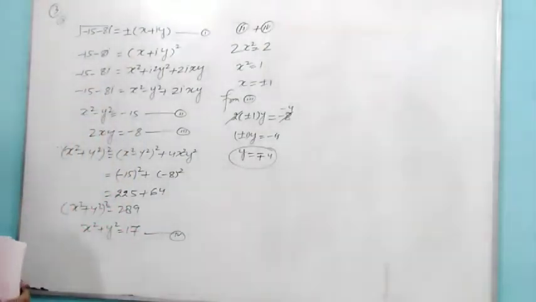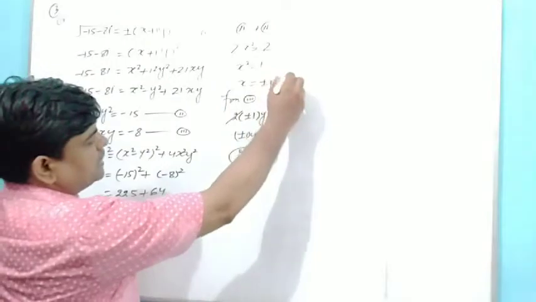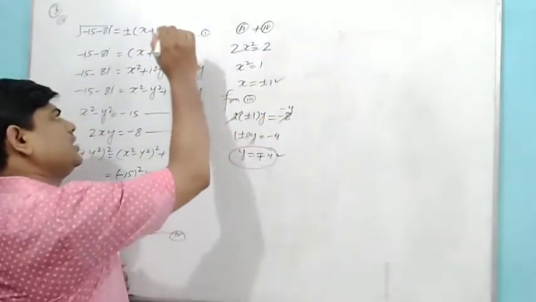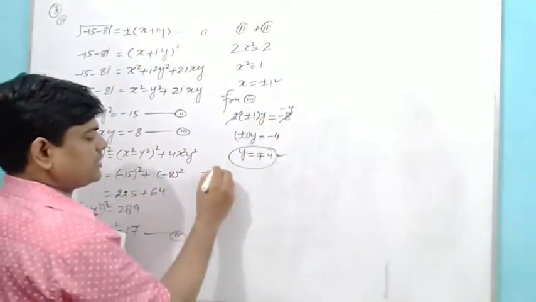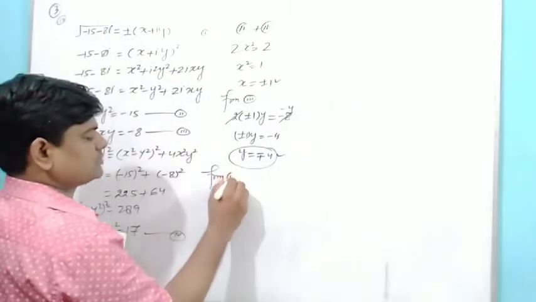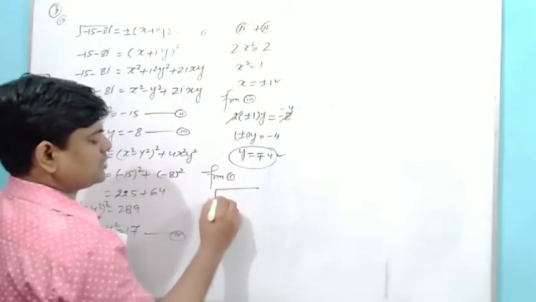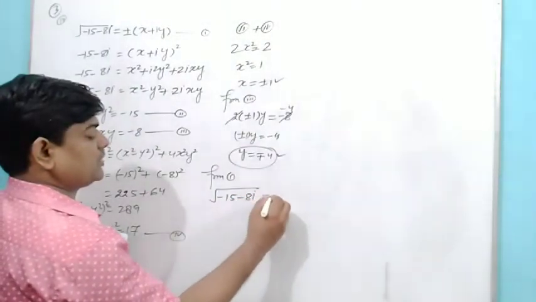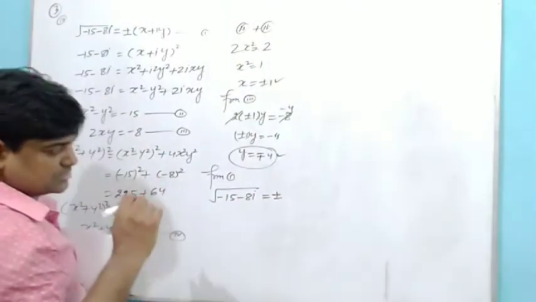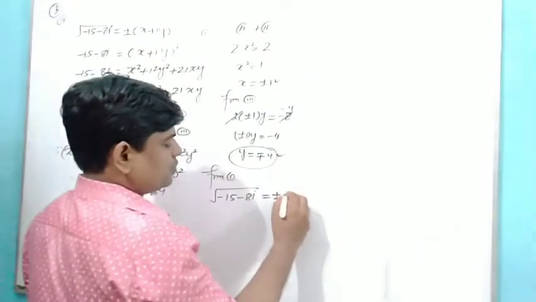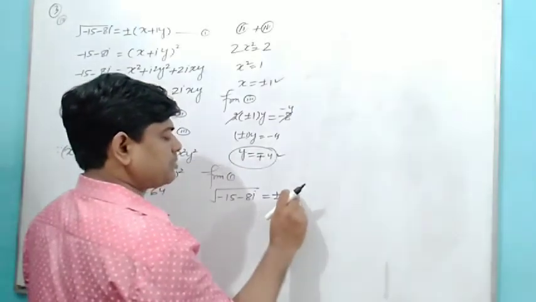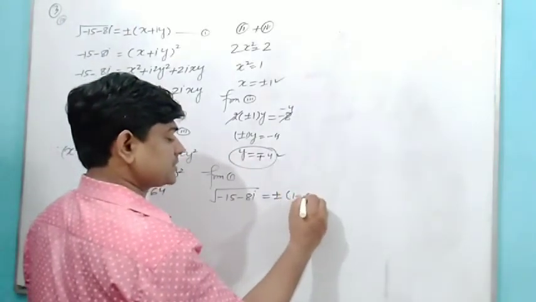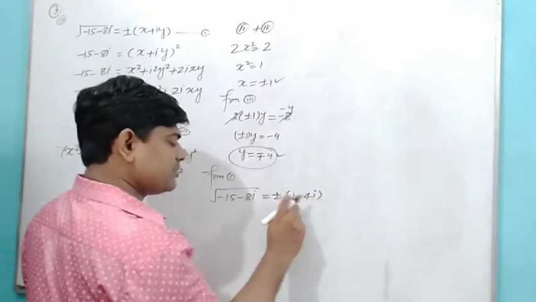Now, when we substitute that value of x and y in equation number 1, I may write from 1, that is square root of minus 15 minus 8i is equal to plus minus, the value of x is 1, and here I'll not write plus, I'll write here minus 4i. What is the reason behind it?